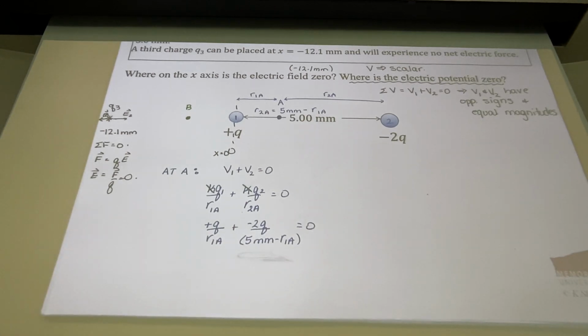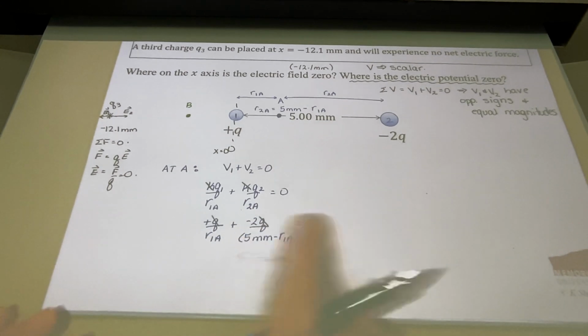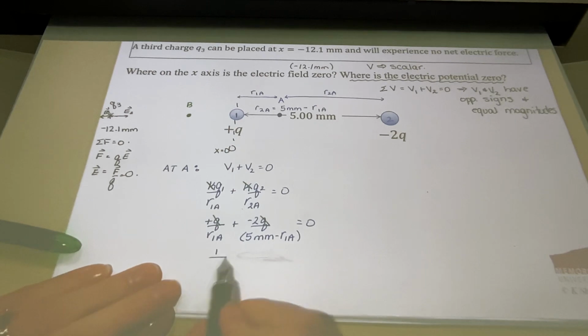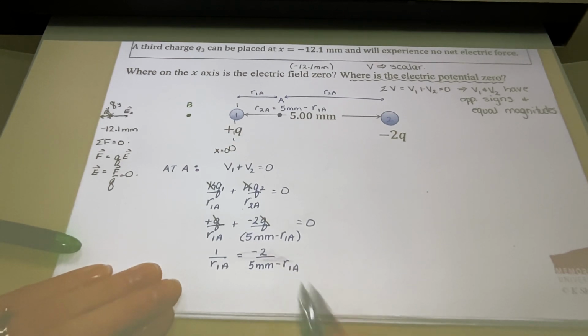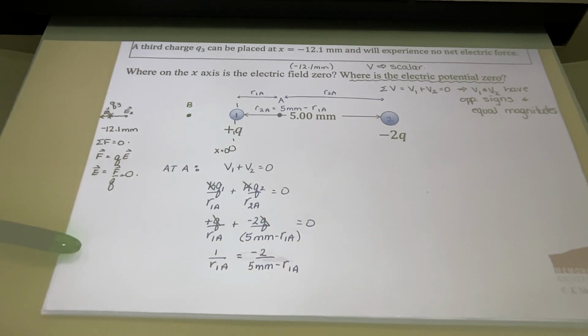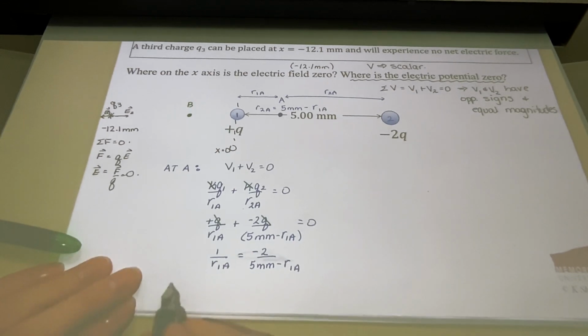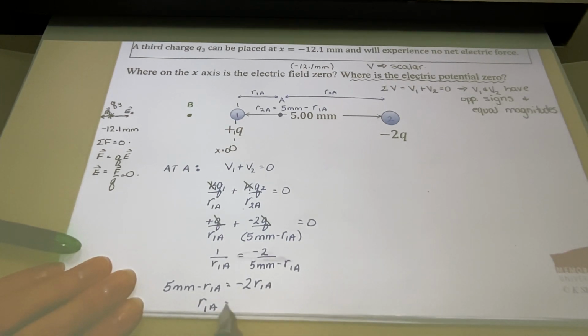Now I'm going to divide both sides by Q. Gonna bring this to the other side. So 1 over R1A equals minus 2 over 5 millimeters minus R1A. This is something I can solve. I'm gonna cross multiply: 5 millimeters minus R1A equals minus 2 times R1A, which gives me R1A is 5 millimeters over 3.